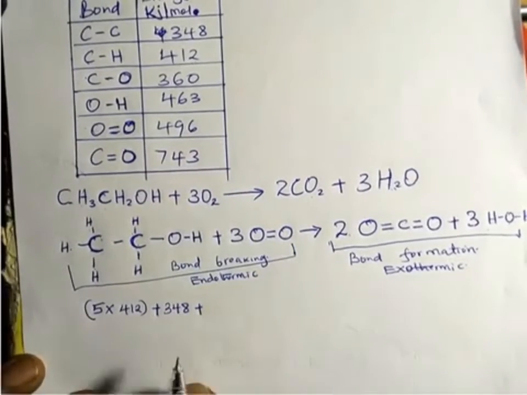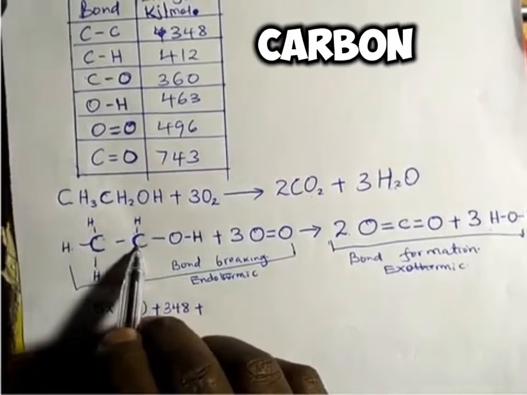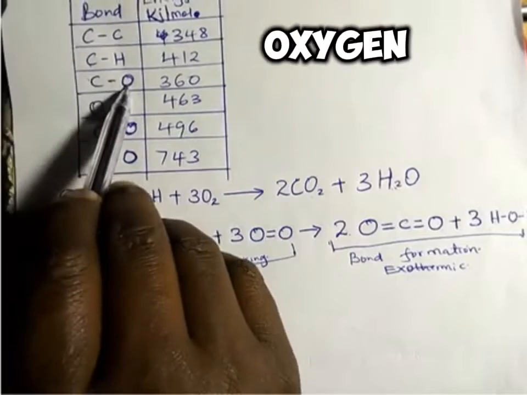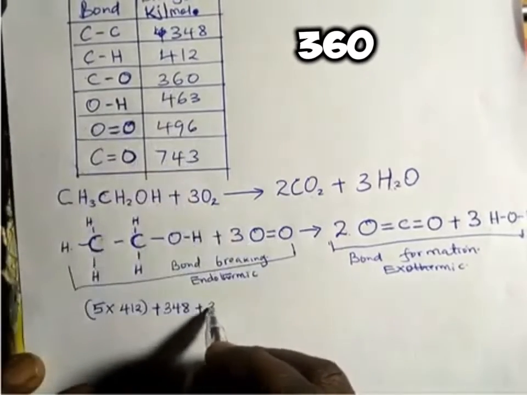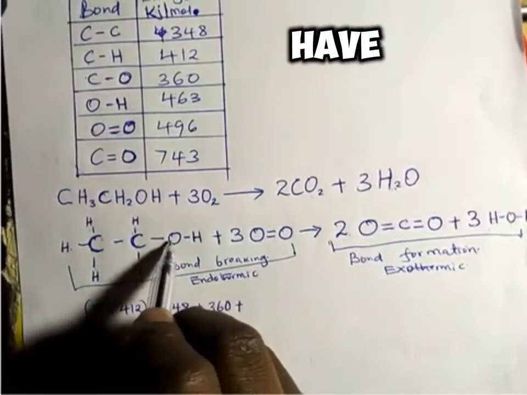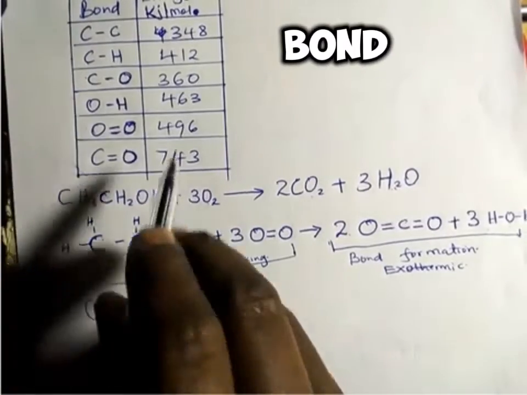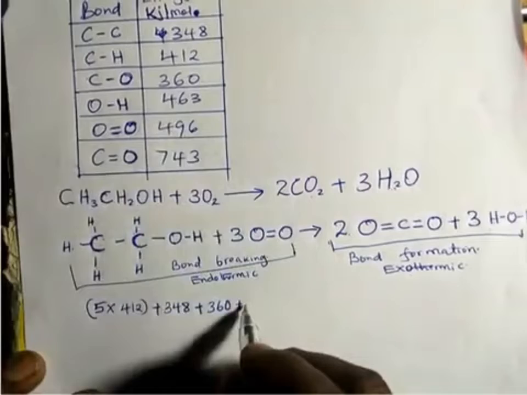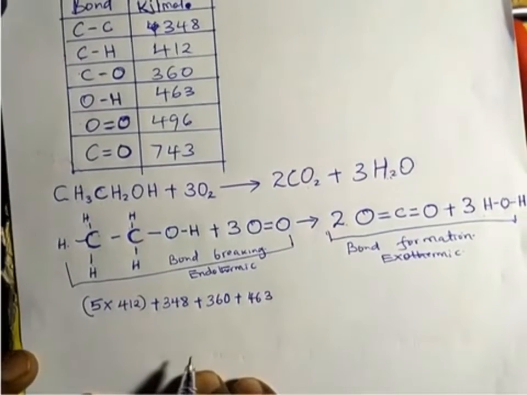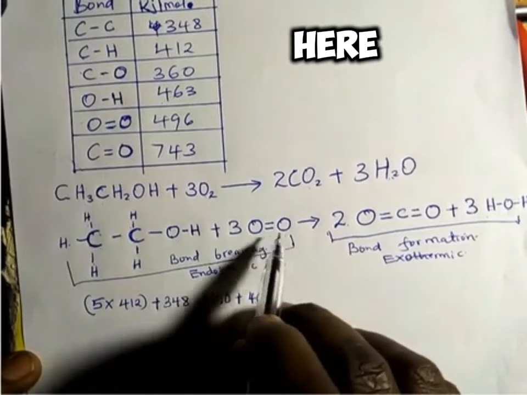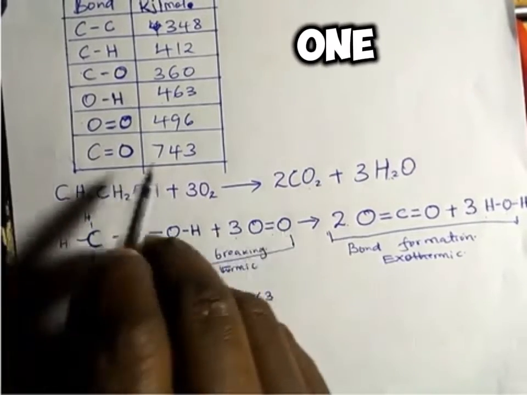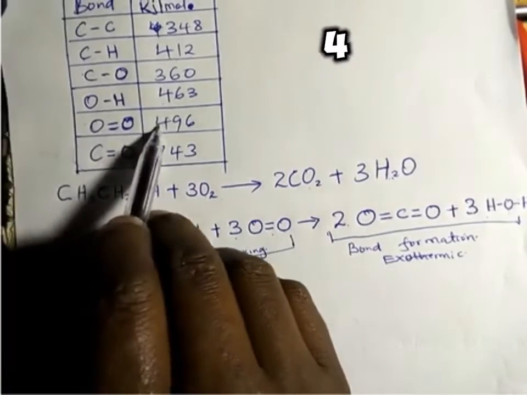Plus we have the carbon oxygen bond, which requires 360. Next, we have the oxygen hydrogen bond, which is 463. And then plus the oxygen bond, 1 oxygen bond, which is 496.